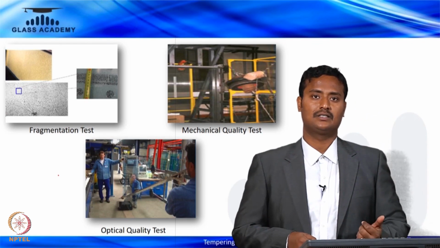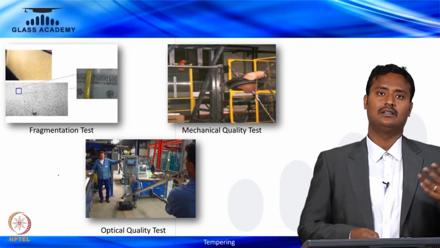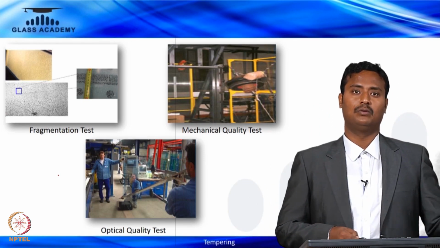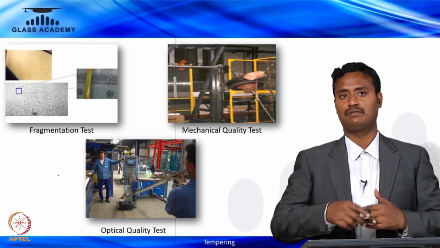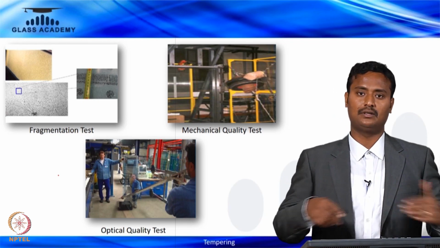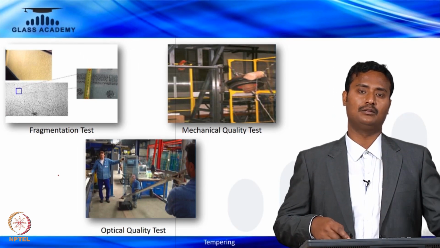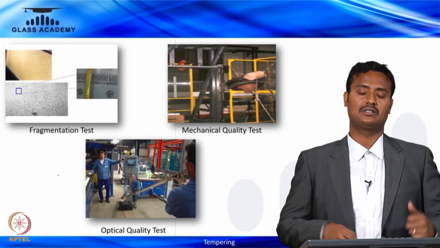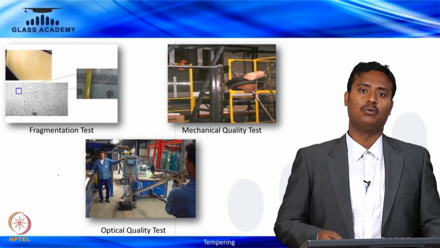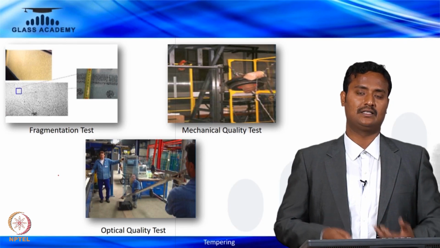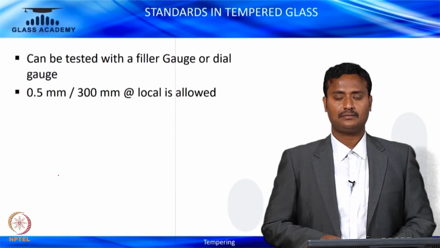And the optical quality tests, like overall bow and local bow. For overall bow, a flatness gauge is kept at the center or along the diagonal to measure how much bend there is.